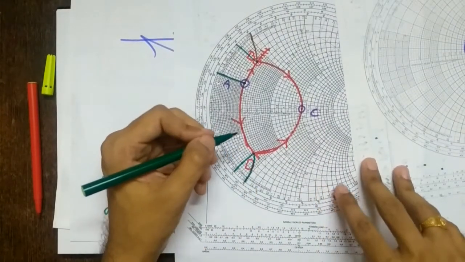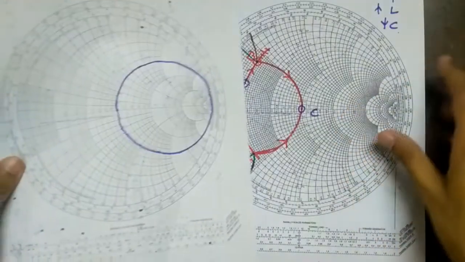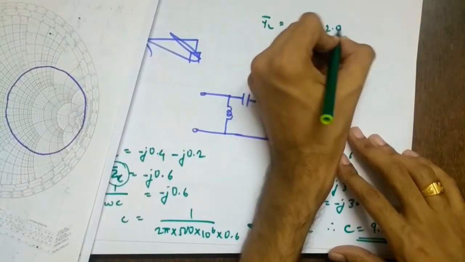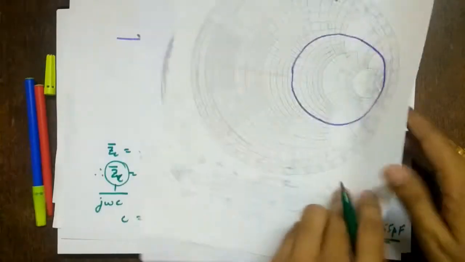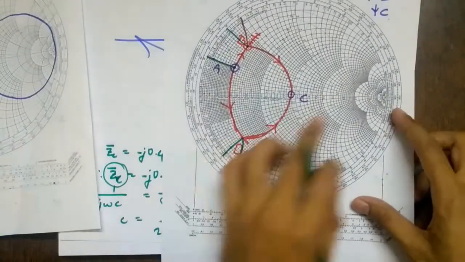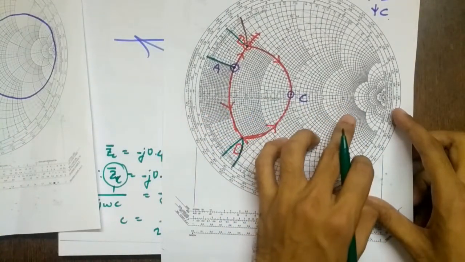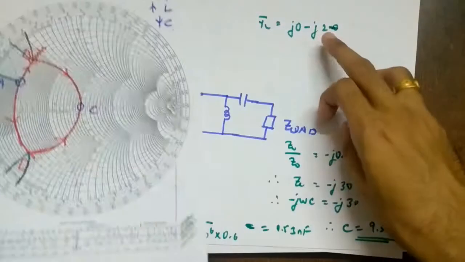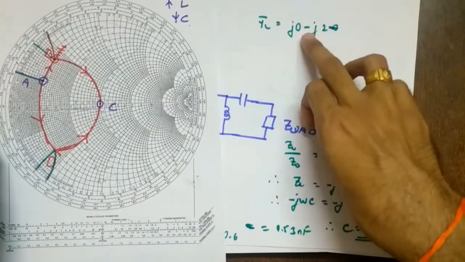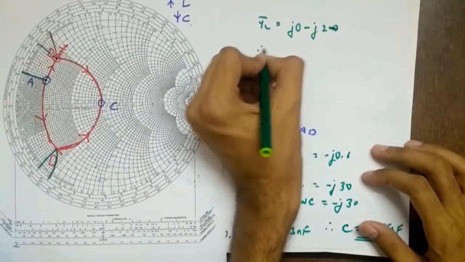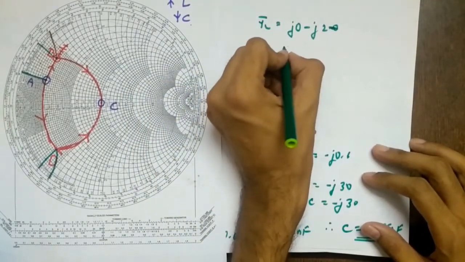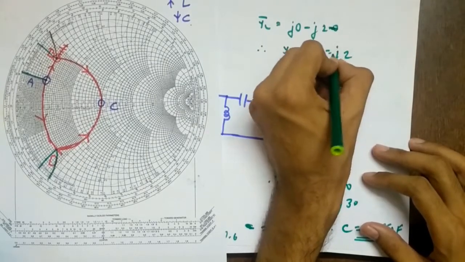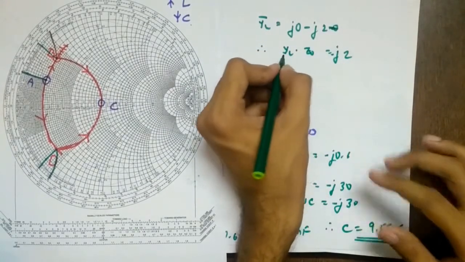So j0 minus j2.0, or minus j2, and admittance is positive, since impedance is negative. So I have taken positive. This minus is the destination minus source negative. So therefore we have to convert it to normal. So YL into Z0 equals j2 minus j2.